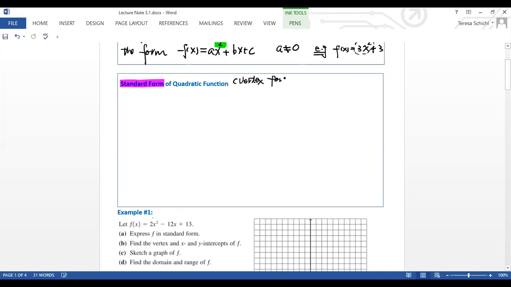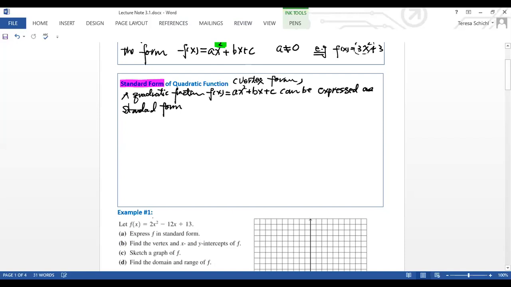So a quadratic function f of x equals ax squared plus bx plus c can be expressed in the standard form.